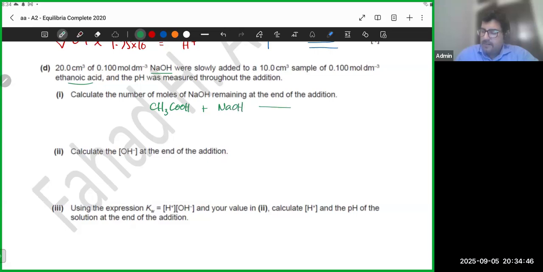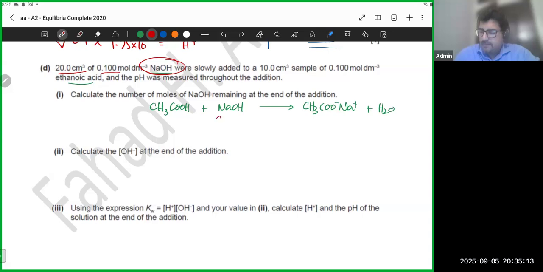The two of them are reacting together, and they would form a salt and a water molecule. Okay, so that's done. Now, we can calculate the moles of NaOH. That's volume times concentration. That's going to be 2 times 10 to the power minus 3 moles.